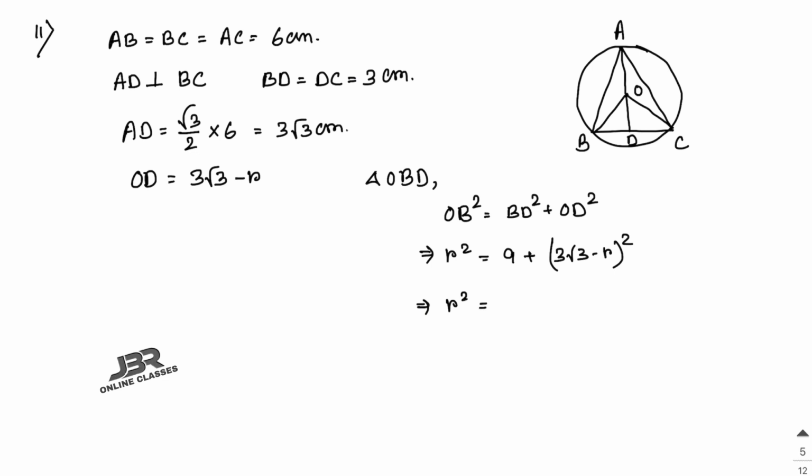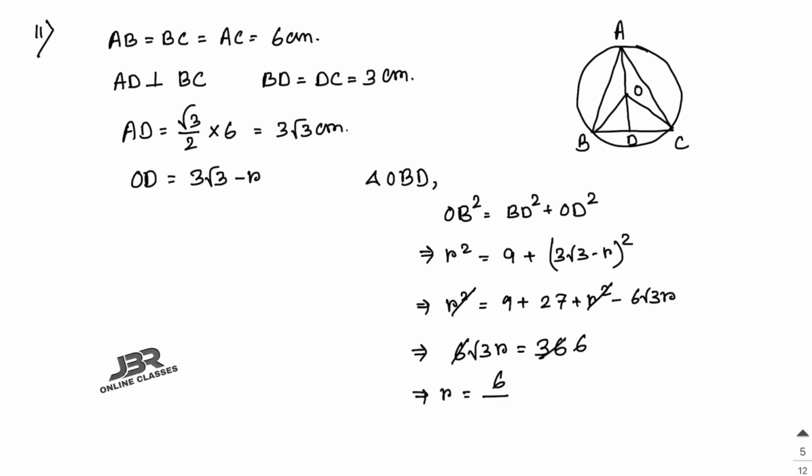So r square equals 9, plus 3 square into 9, so 27, plus r square minus 6 root 3 r. So r square cancels out. 6 root 3 r equals 36. So 6 cancels out, that means r equals 6 by root 3. Now by rationalizing, that equals 2 root 3. So 2 root 3 is the radius of that circle.